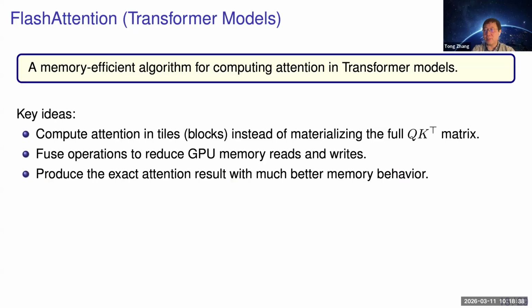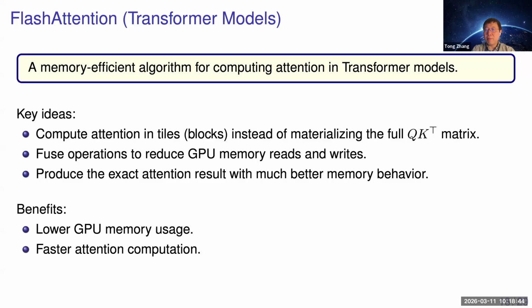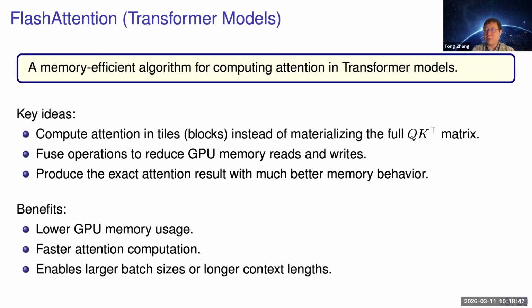It produces an exact solution, but with much lower memory usage, just like gradient accumulation, and faster compute. Essentially, you use smaller blocks to compute this L by L matrix block-wise instead of as a whole. That's all it is.